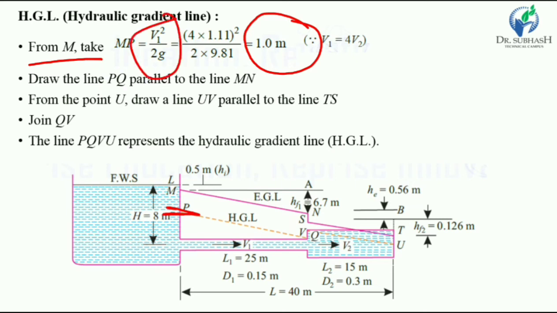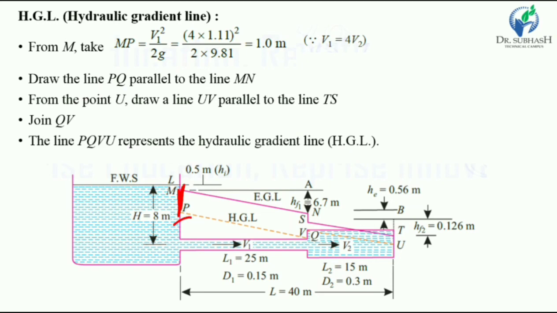So 1 meter is subtracted from the total energy line. So from M we subtract the 1 meter and draw the line downward, in length of 1 meter, because the piezometric head is lower than the total energy head.